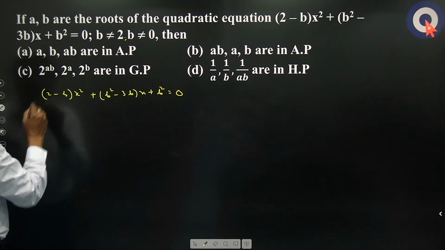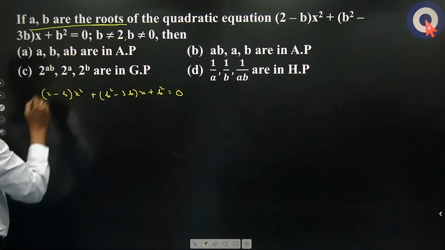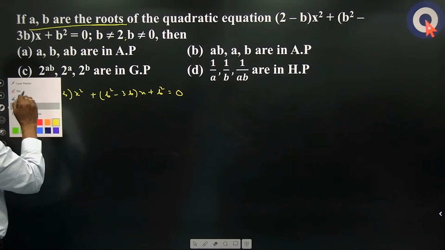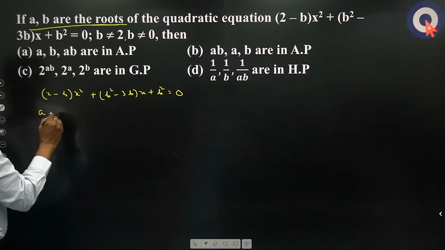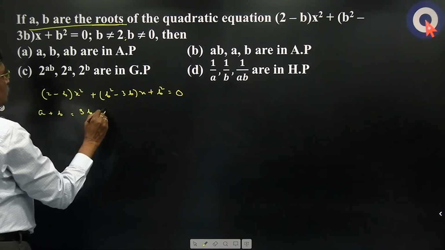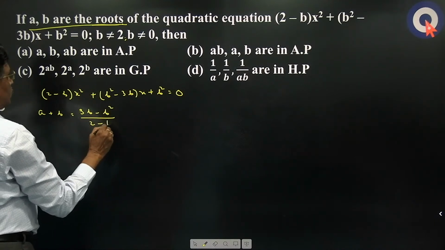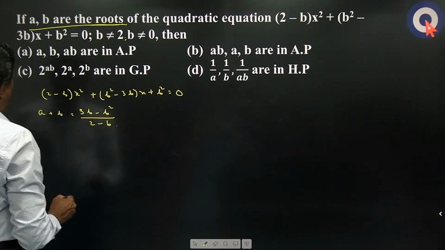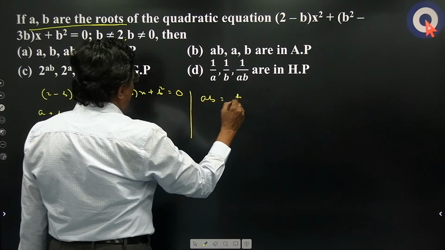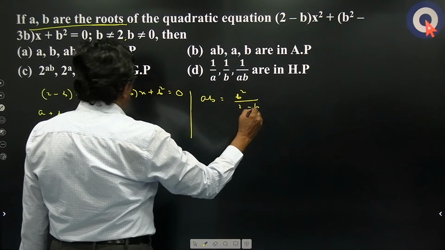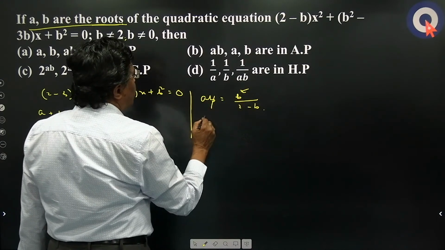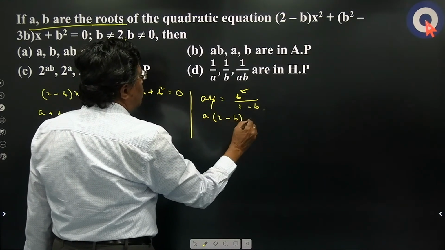So a plus b, because a and b are the roots. So sum of the roots, a plus b is minus b by a, which is 3b minus b square by 2 minus b. Also ab, product of the roots, is b square by 2 minus b. So since b not equal to 0, I can cancel one b and write this as a into 2 minus b is equal to b.